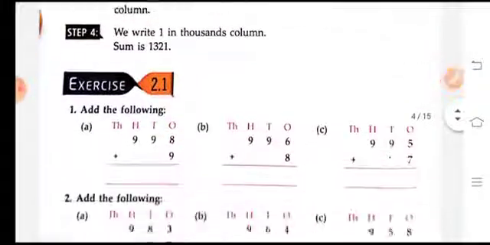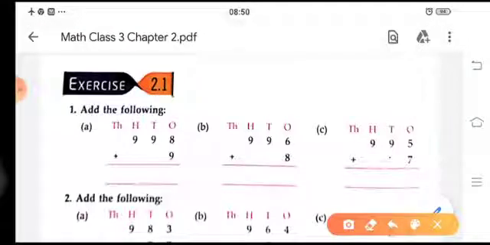Now we'll move on to exercise 2.1. We add the following: 8 plus 9, 17. Okay children, so we'll write here 7, then we'll take carry over to tens place. 9 plus 1, 10. We write 0 here and we'll take carry over to hundreds place.